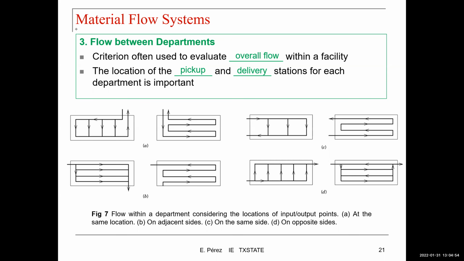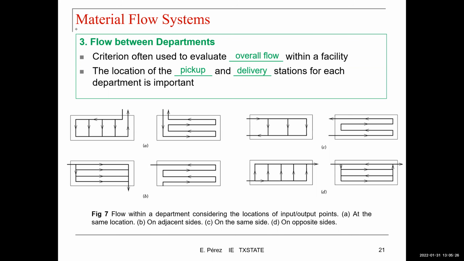So at the top here, you see that door to enter is located in the same area where the exit is located, right? So that means that everything is going in and out from the same location. And that happens here in A. In B, you have the input happening in what is called adjacent side. So you have the input coming from one wall, the output happening in a different wall.